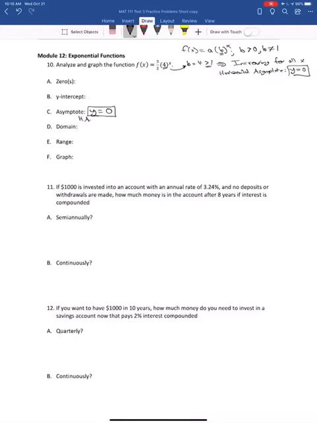So as you go to negative infinity on the x-axis, you're going to see this graph getting closer and closer to the x-axis, but never touching it. It's a horizontal asymptote, and this function has no zeros, so there are no zeros with that horizontal asymptote at y equal to 0.